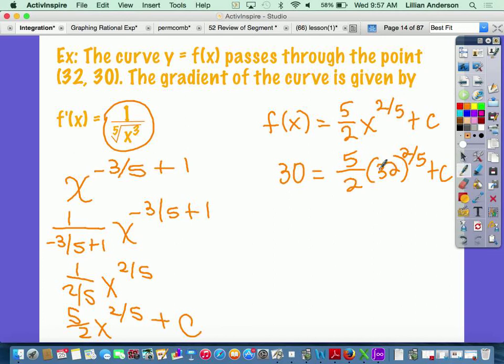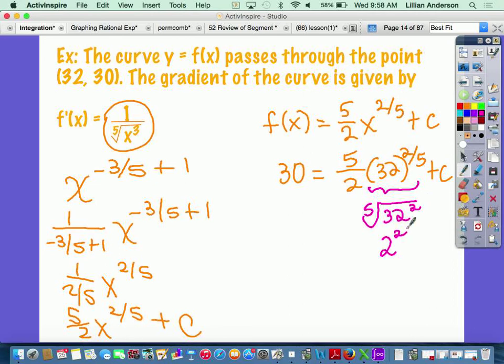Because I have to do 32 to the 2/5 power. How'd you get 4? Yes, this part alone can be written as the 5th root of 32 squared. All I did was rewrite it back in this root form. The 5th root of 32 is 2.